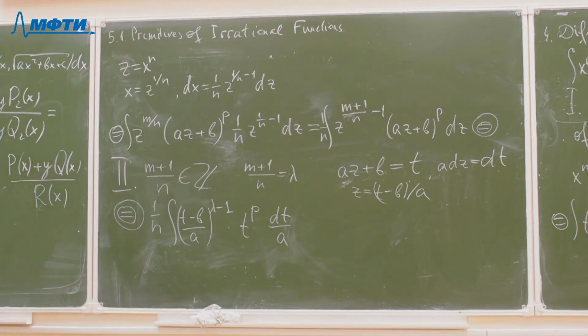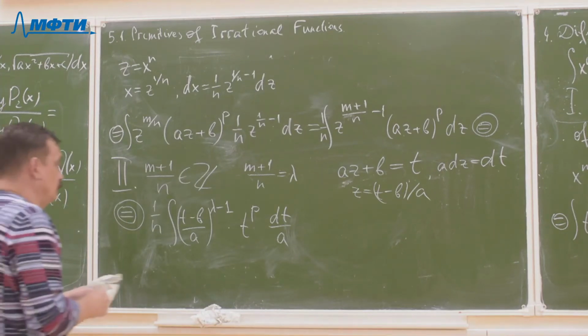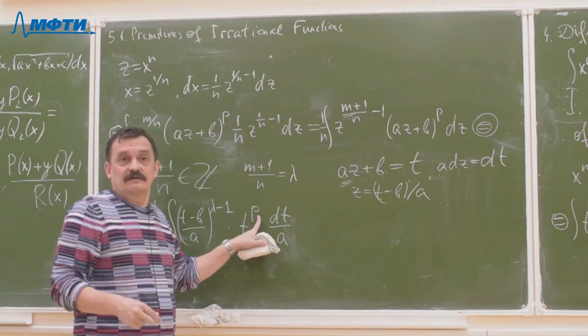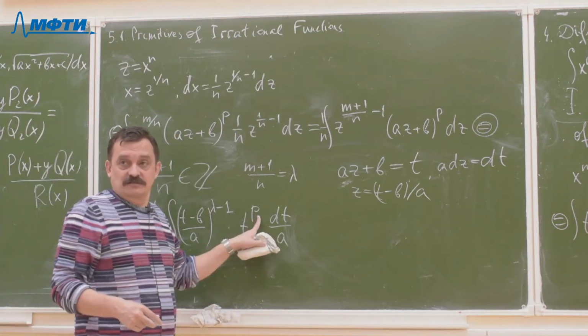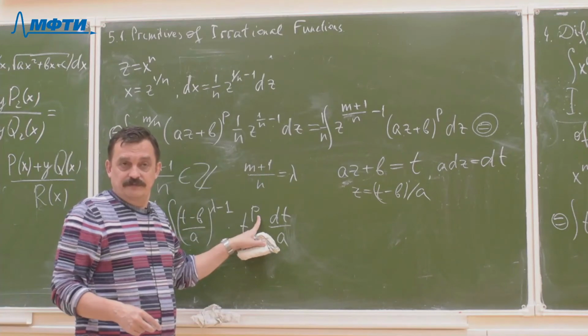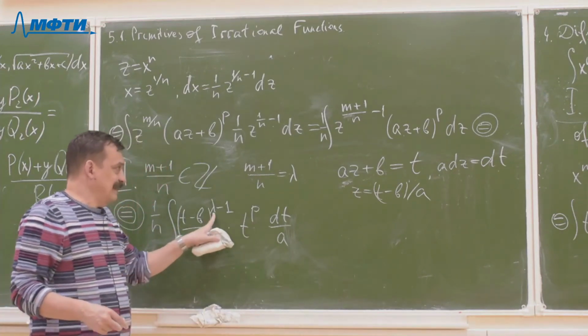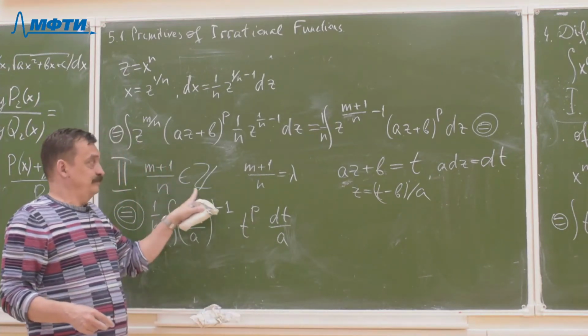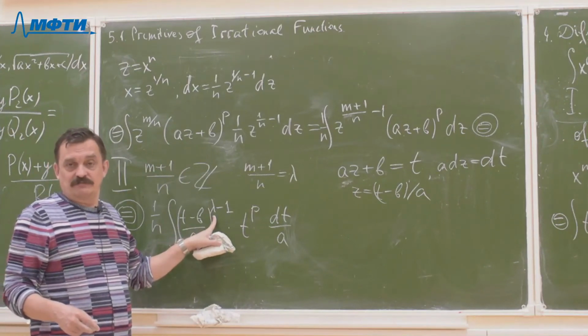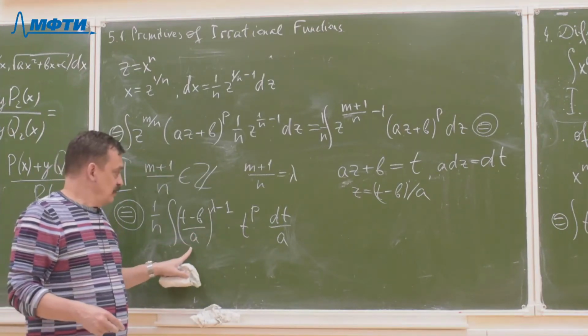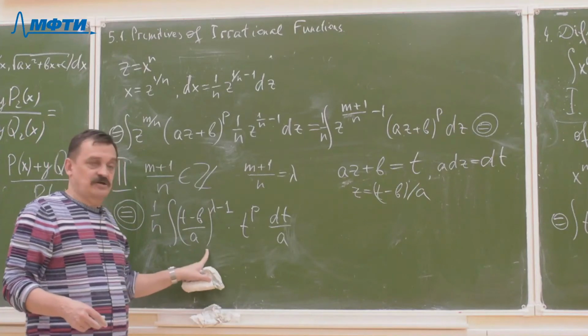Now look, what is it? p is a rational number, right? But lambda is an integer. So this expression is a rational function.